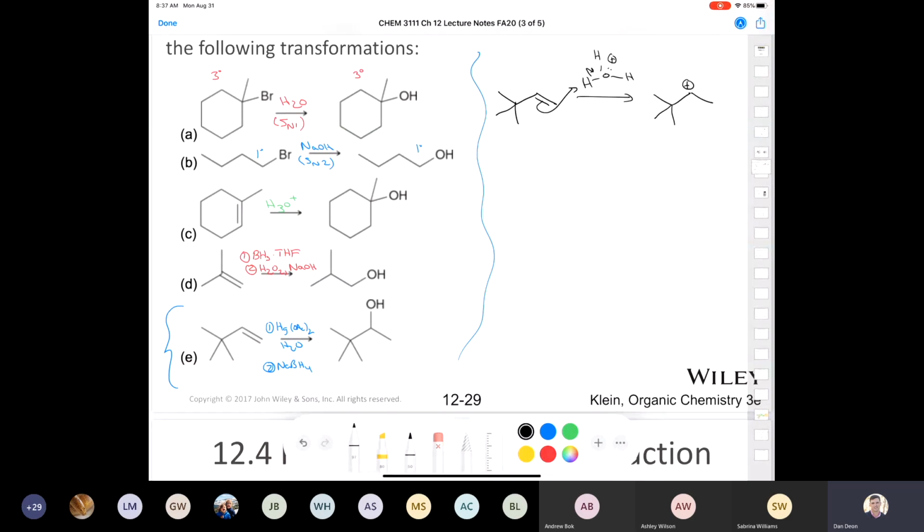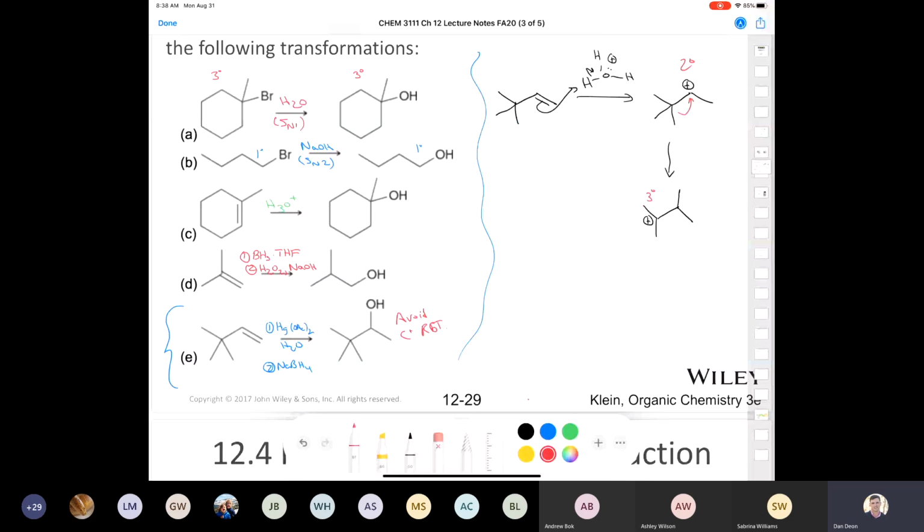Now you can see that this carbocation is clearly going to rearrange because it is a secondary carbocation. When it rearranges, we end up producing this compound where we now have a tertiary carbocation. And so we need to avoid carbocation rearrangement.